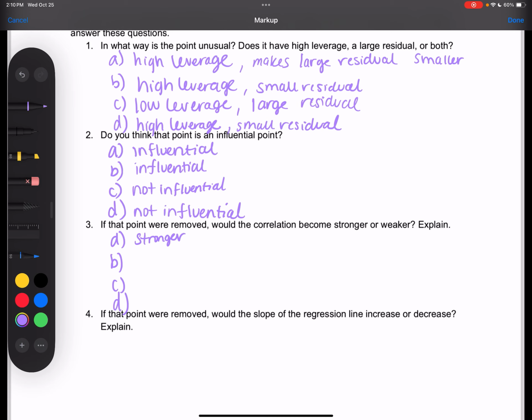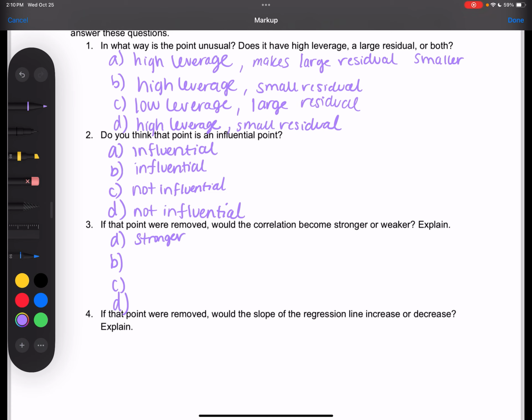All right, the line. Wait, don't we have to explain that? I don't know how to explain it. There's that one that's like, hey guys, but if it gets taken off, then they're all just clustered together, so the correlation would be higher at that point. We should definitely write that down as our answer.